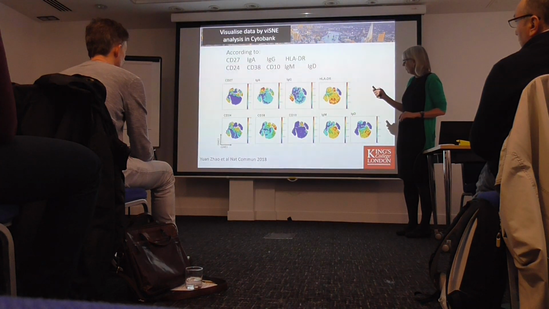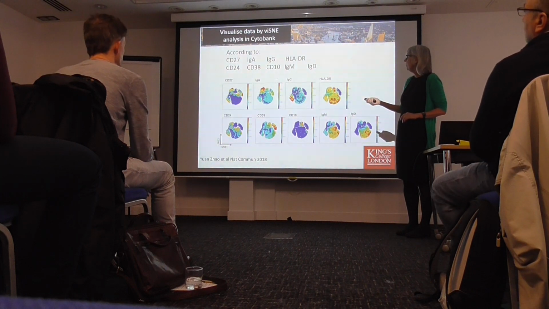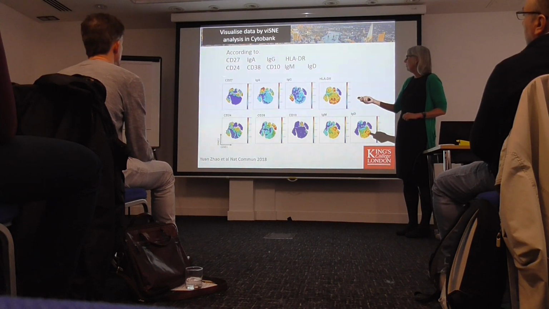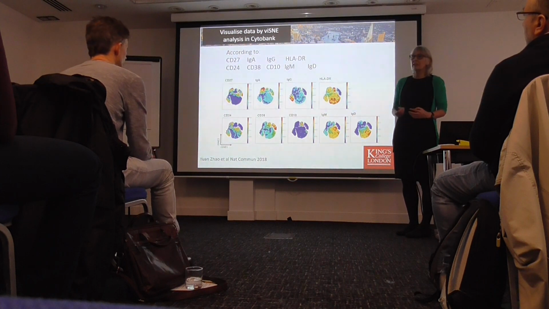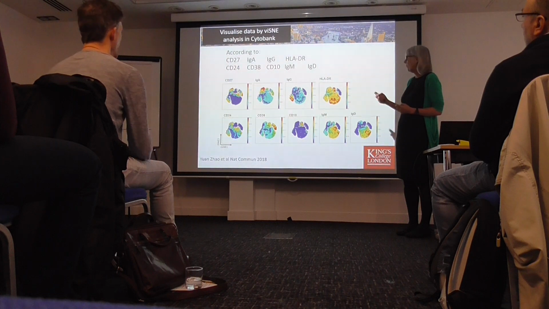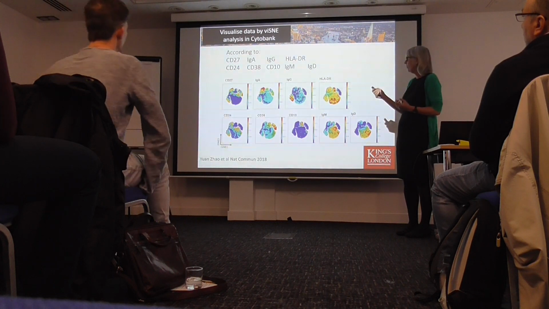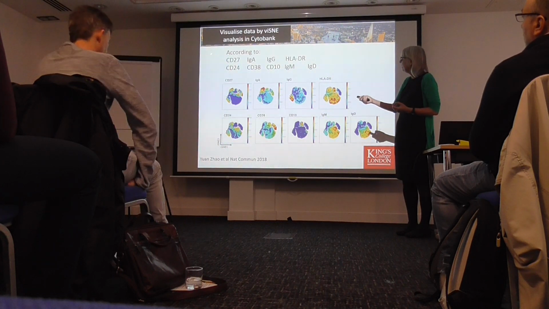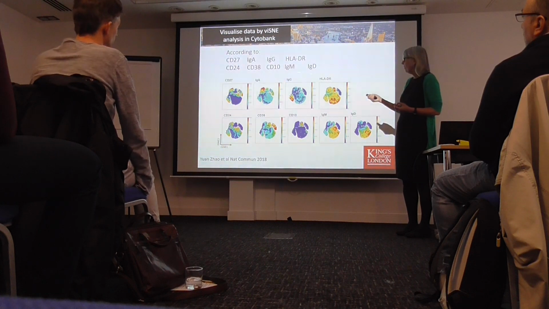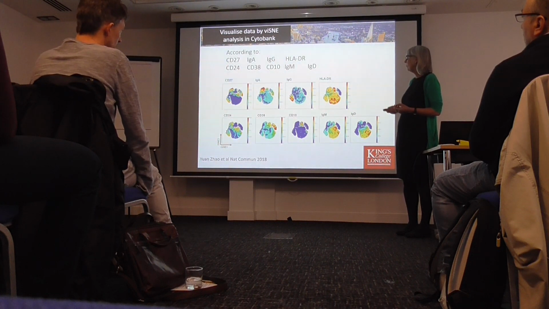So I've got examples of this on the next slide. So what we did here was we took our markers that we know define the B-cell subsets according to the literature, and we asked Cytobank, by that method that I've just shown you, to place the cells in terms of resemblance to each other according to these parameters, and this is what it gave us.